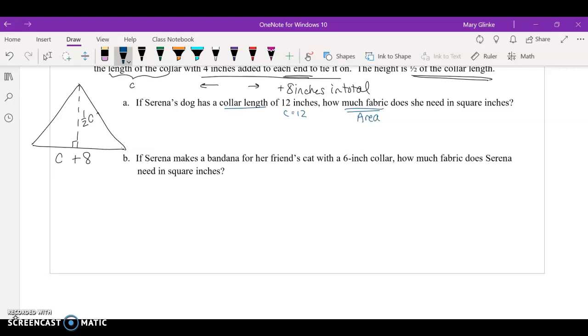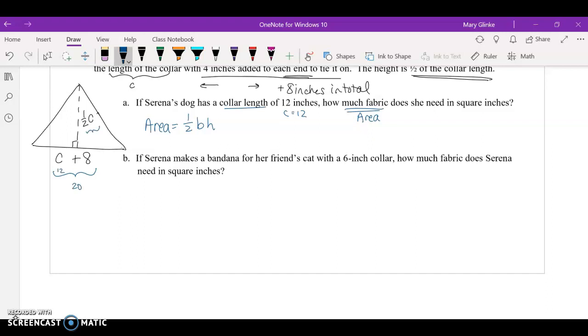So for this one, we're going to find the area of the triangle by doing 1/2 base times height. If you want, you can plug in C plus 8 and 1/2 C for your base and your height and simplify. Or we can say if the collar is 12 inches, that means my base here, 12 plus 8, would be 20.